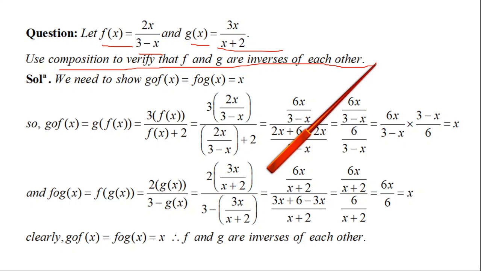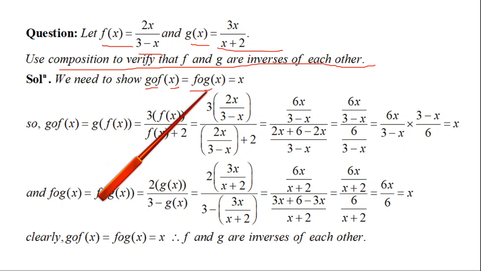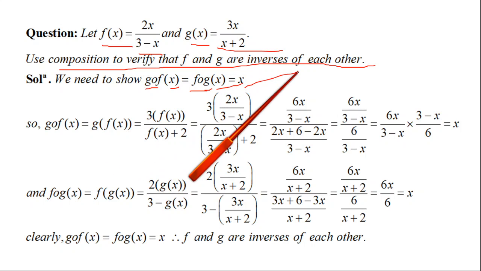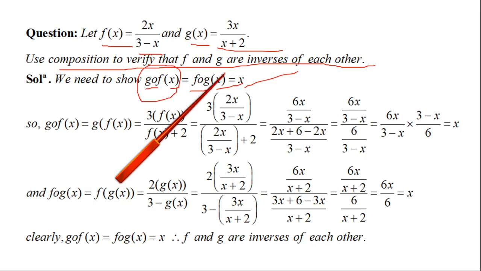In order to show that, we need to show that f composite g of x is equal to g composite f of x, equal to x. So we will find this separately and this separately.